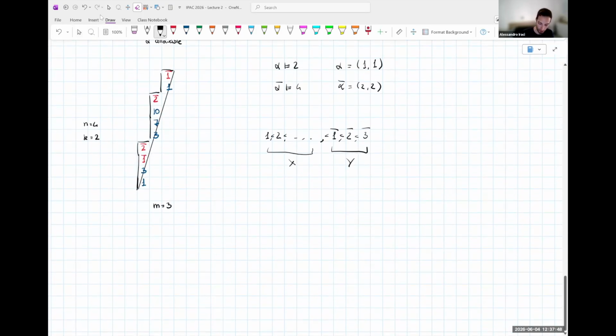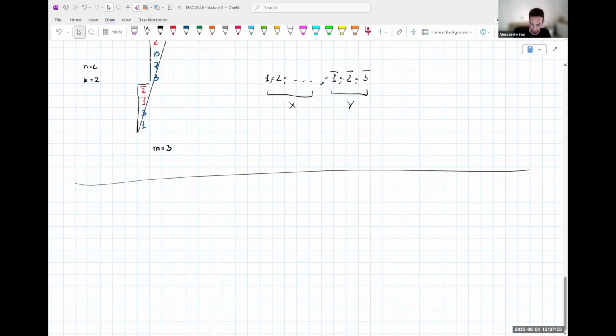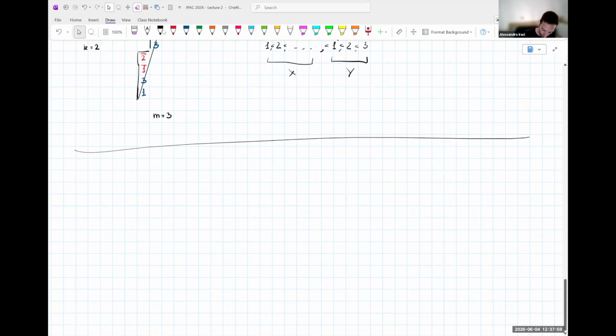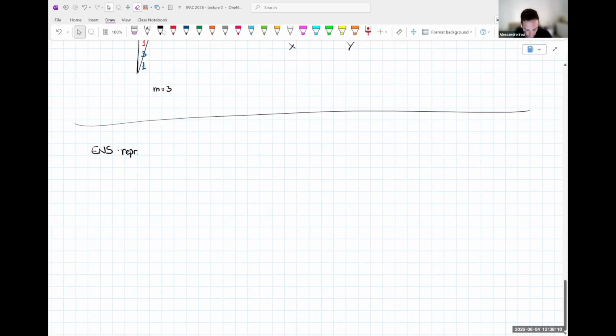So when I look at one of these guys here, I want to obtain one of the objects I had in the previous talk. Let's remember what we can do. We'll stick with the ENS representation because this makes the bijection a little easier. So our objects are paths.